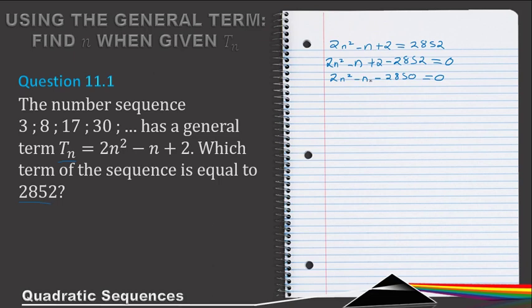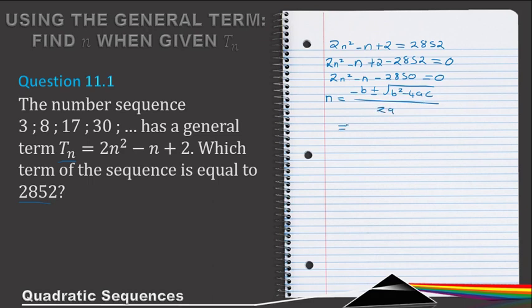So in this case, I'm not going to try and find factors. It's just definitely too big to try and find all the factors. You probably will find factors, but I'm just going to go ahead and substitute into the quadratic formula. So minus b plus or minus the square root of b squared minus 4ac, over 2a.